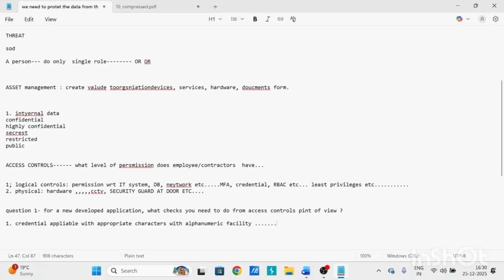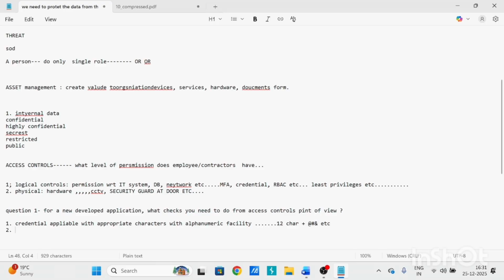For example, at least 12 characters, plus additional alphanumeric characters, for example the at-the-rate symbol, and so on.